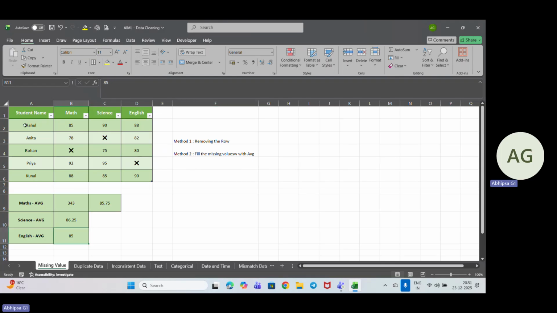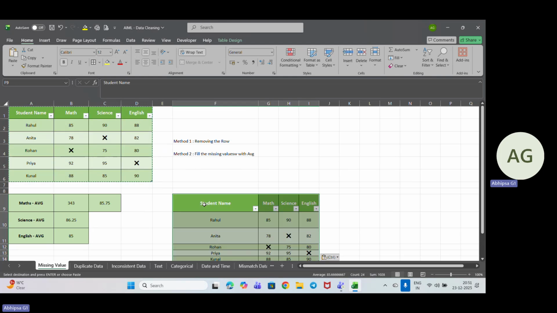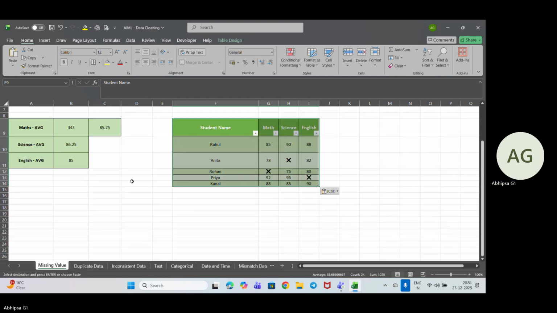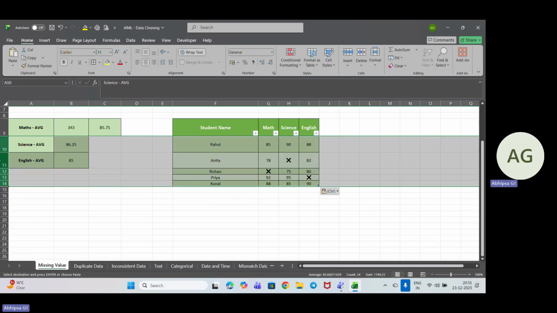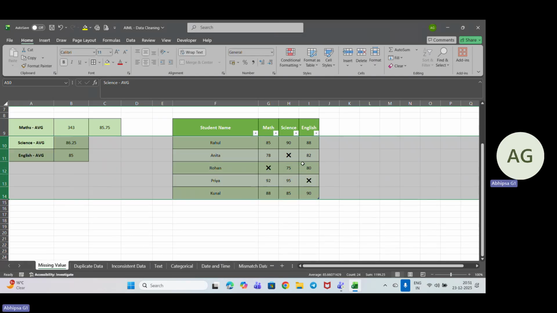Now what we can do is fill it using Control C and Control V like that. We'll just increase the height to 30. Okay, right?